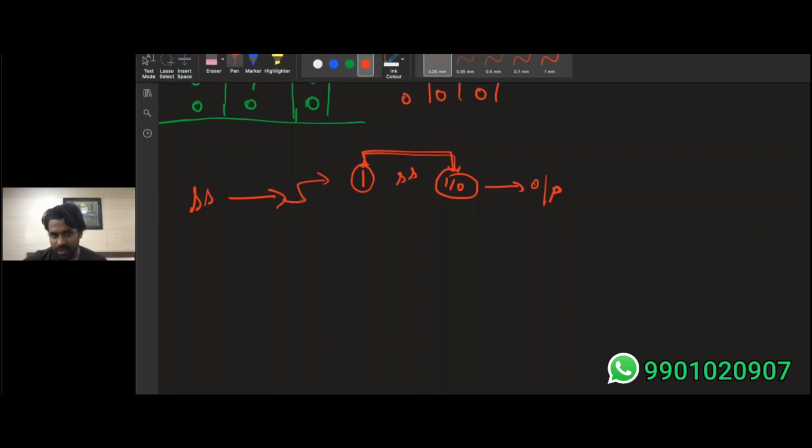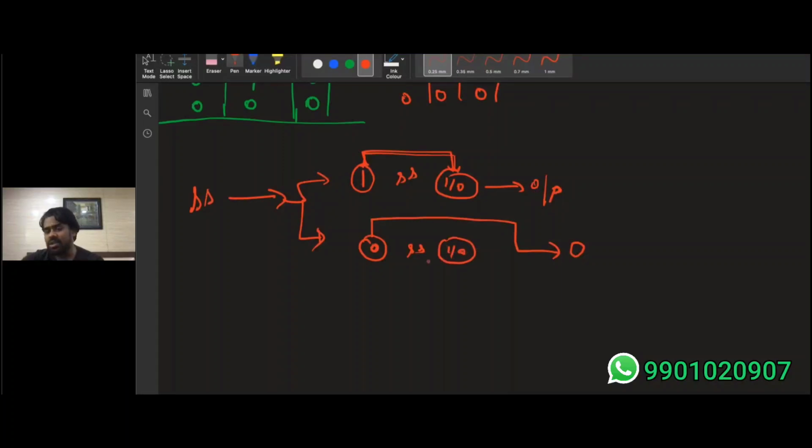There are two test cases here. In the second test case, if the first condition is false, in the AND condition, no matter whether the second is 1 or 0, it will never check it. It will directly give the output 0. It uses the common sense which we don't have. Whenever I have 1, it will check the second condition. Depending upon this condition, 1 or 0, it will give the output.